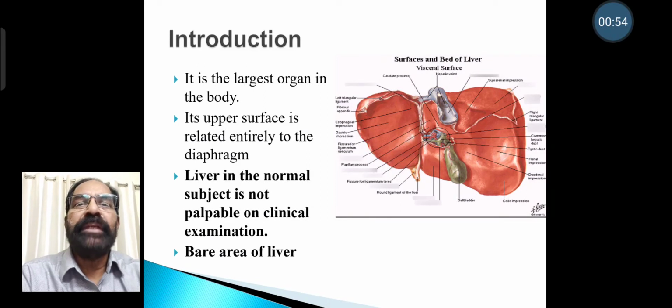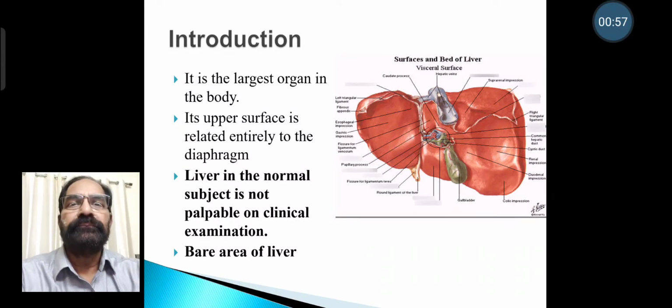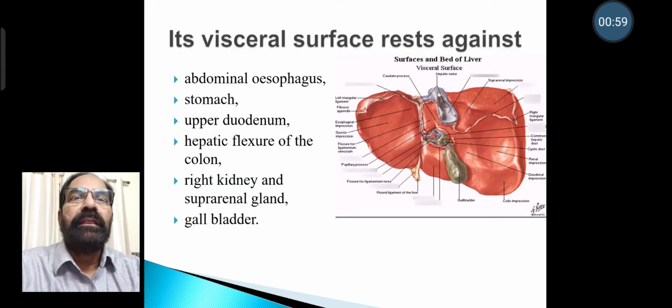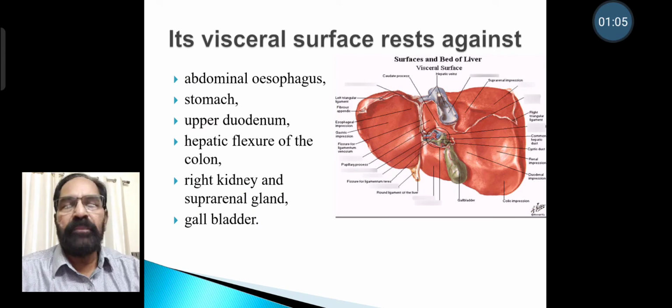And there is one bare area of liver. Visceral surface will be resting on abdominal esophagus, stomach, upper duodenum, hepatic flexure of colon, right kidney, right suprarenal gland and gallbladder.